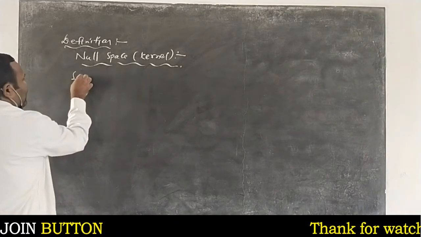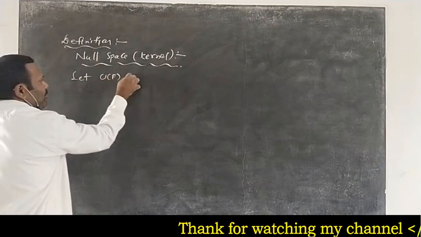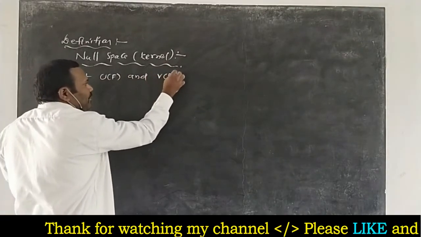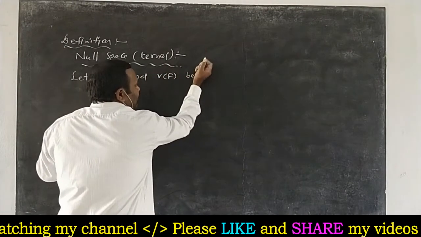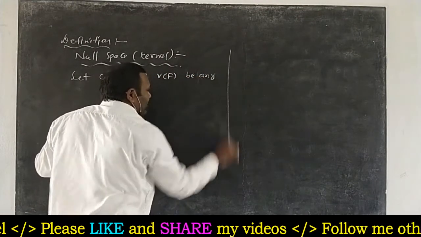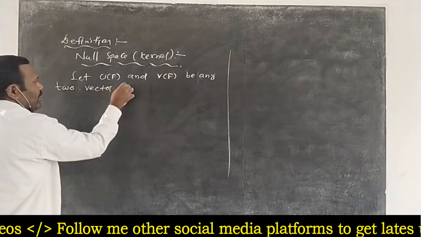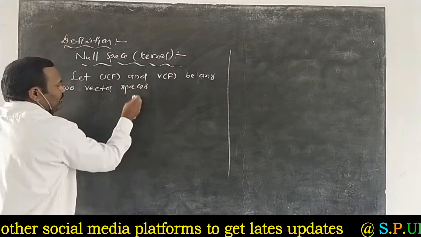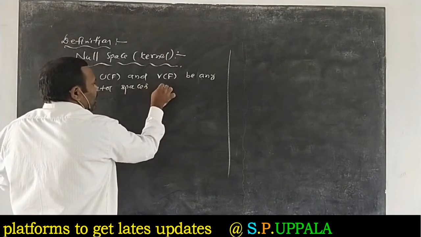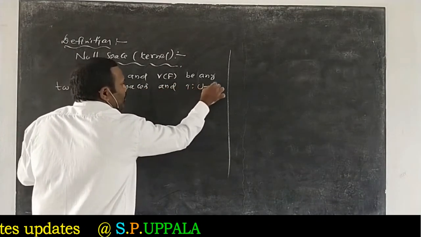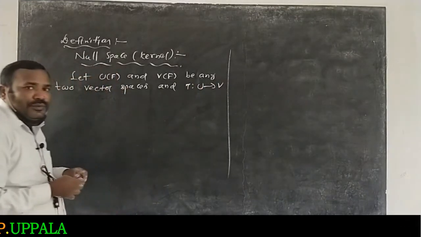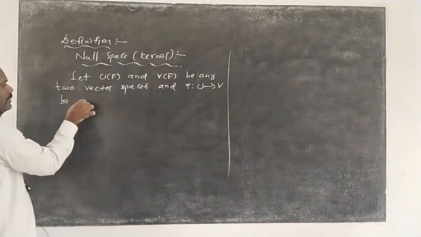Let U(F) and V(F) be any two vector spaces, and T from U to V be a linear transformation.